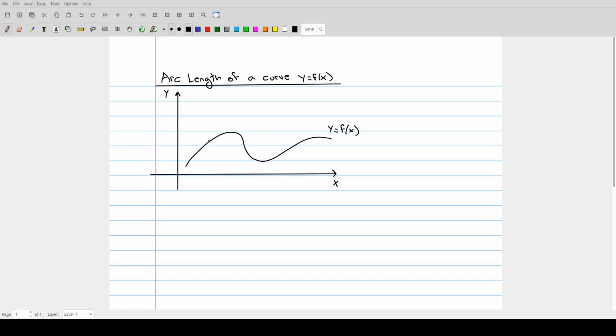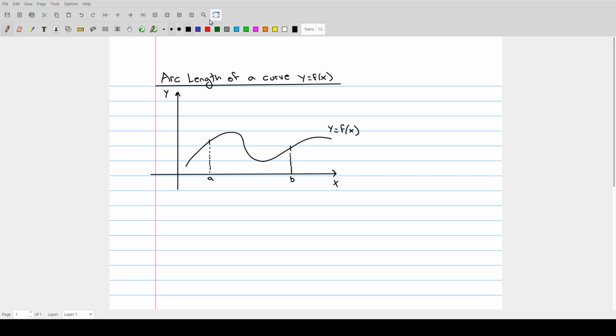And for this curve, we want to derive the actual physical length along the curve, which we call the arc length, from a point A to a point B along the x-axis.